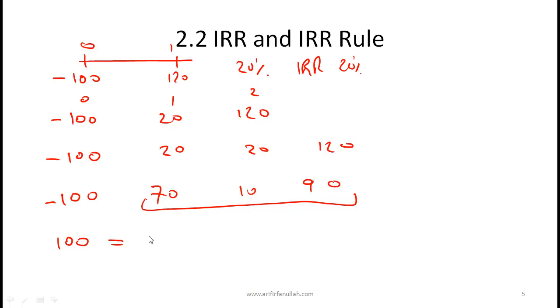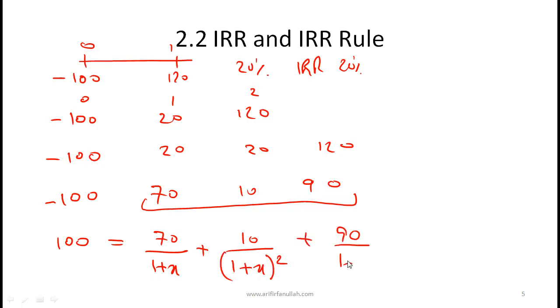So effectively, let's say that return is X. What's the present value of 70? It would be 70 over 1 plus X, plus 10 over 1 plus X squared, plus 90 over 1 plus X cubed. Now this is one equation, one unknown. Can we solve for X? Yeah, mathematically we can do it.